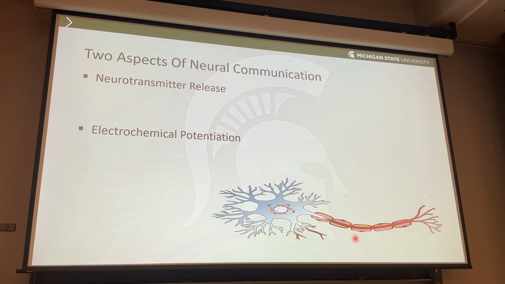Now, what's really important to remember is that this neurotransmitter release happens in conjunction with the electrochemical potentiation, or a change in the electrochemical potential of a cell. These two things are linked together and happen in conjunction. It's not just one or the other, they both have to happen together.